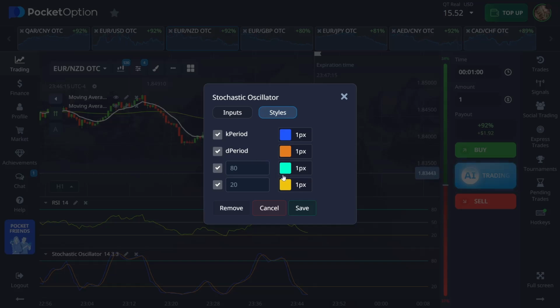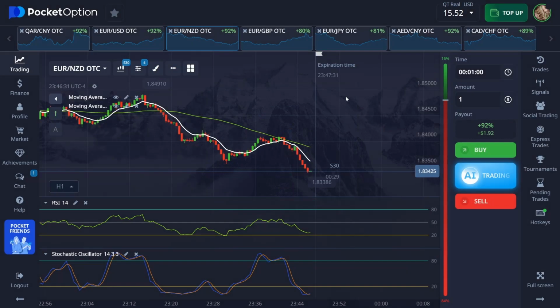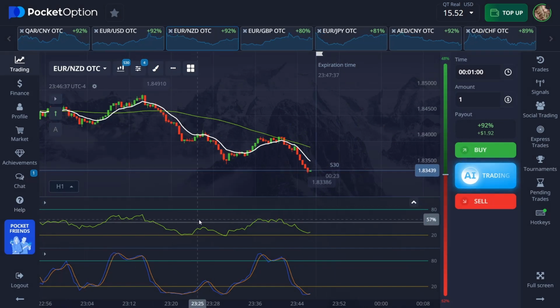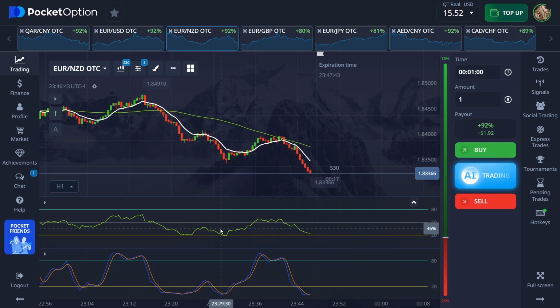You can change the color of the levels as you wish. Here I have the 80 level light blue and the level at the bottom yellow. Alright, now let's look at how you use them. Most traders use both the RSI and the stochastic as follows.